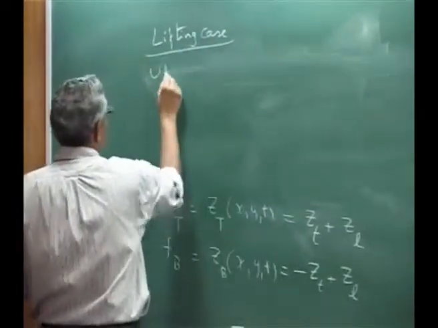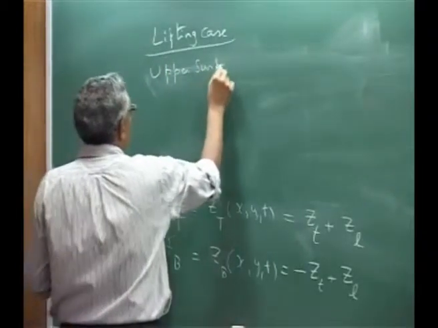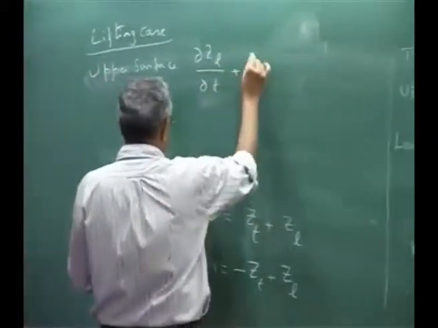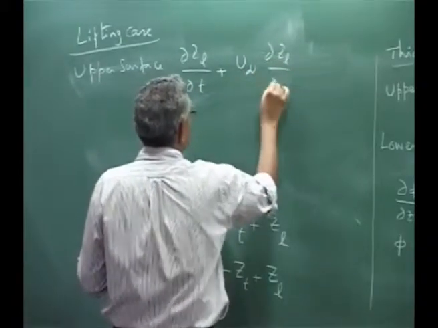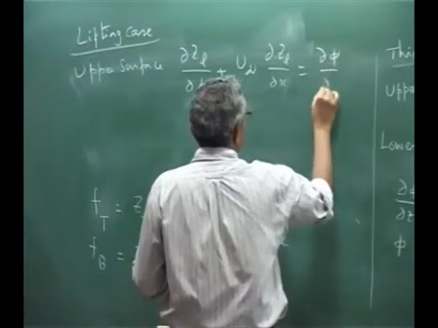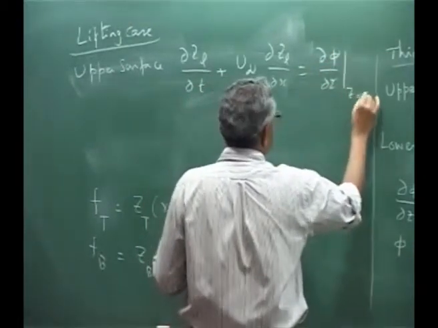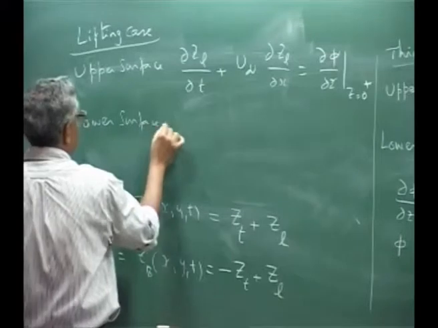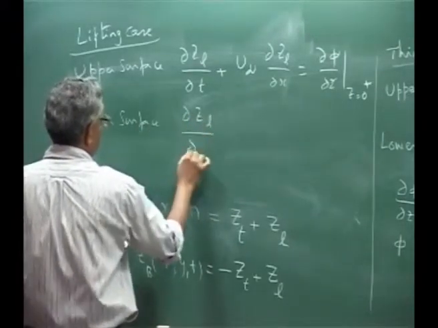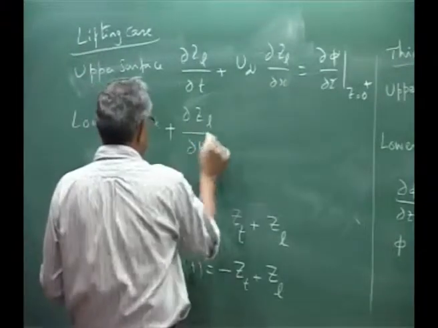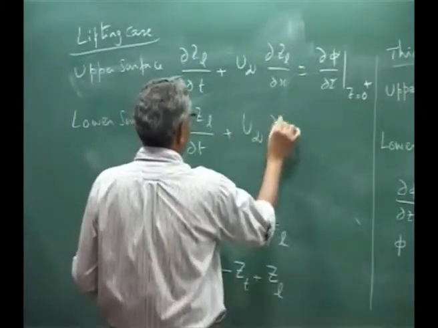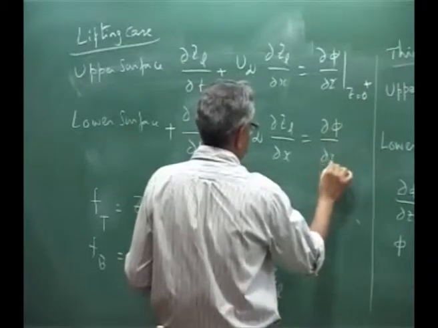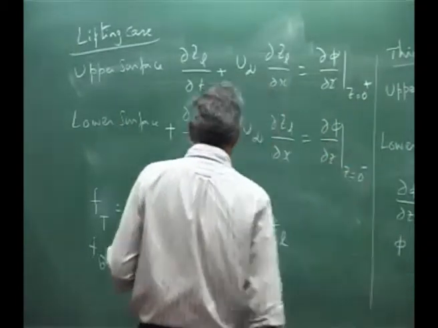You will have upper surface as usual. You will have delta Z L over delta T plus U infinity delta Z L over delta X, which is 0 plus, and lower, with a plus sign, plus U infinity, zero minus.